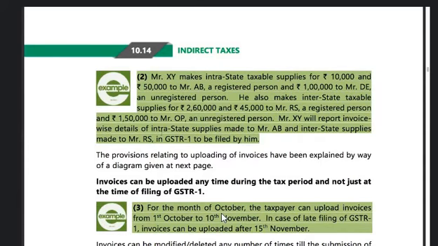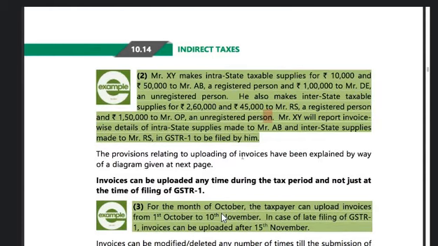So the intrastate supplies of 10,000 and 50,000 to AB, a registered person, have to be provided invoice wise. For DE, an unregistered person, invoice wise is not required. The interstate supplies of 2,60,000 and 45,000 to RS, a registered person, are invoice wise. Same way, 1,50,000 to OP, unregistered, is not required invoice wise; only the consolidated value is required.